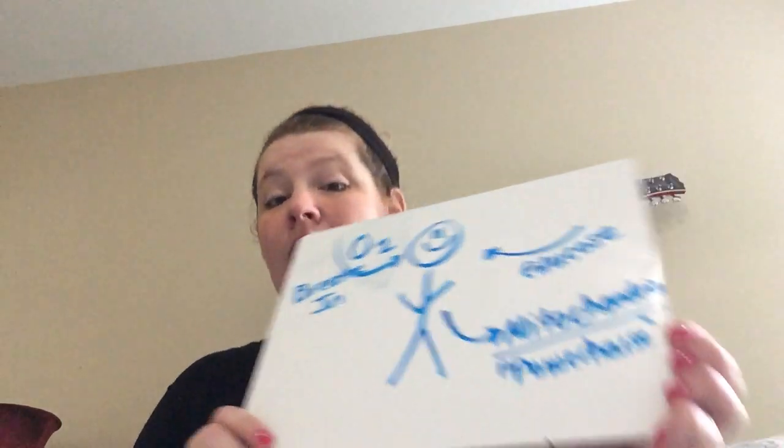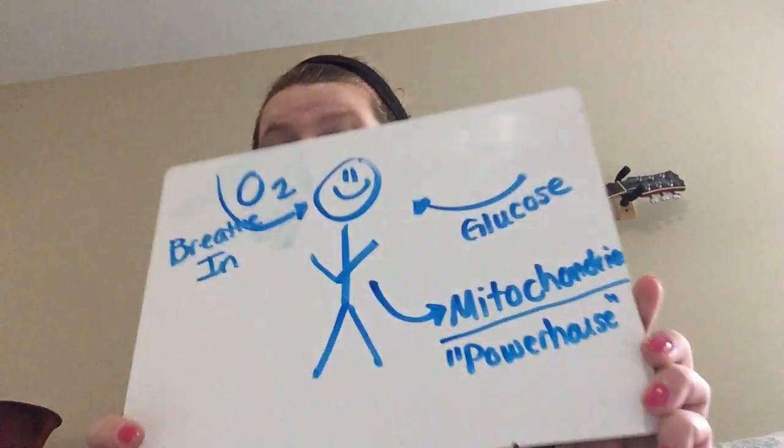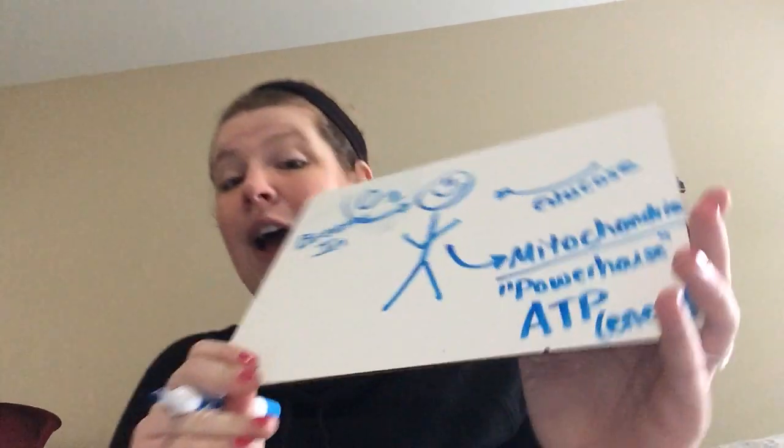It's the powerhouse. It takes this oxygen and glucose and it helps produce ATP, which is our form of energy. It's just energy. It's what helps power us. So it's amazing what oxygen does.